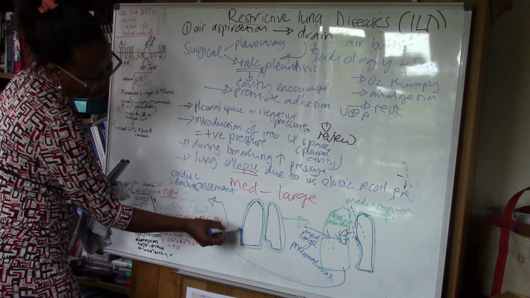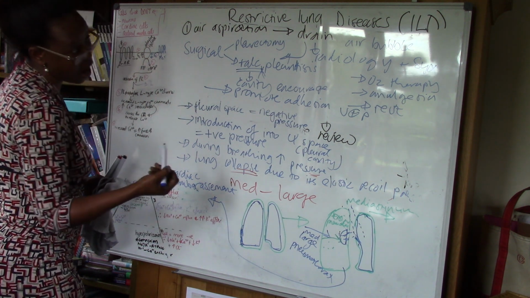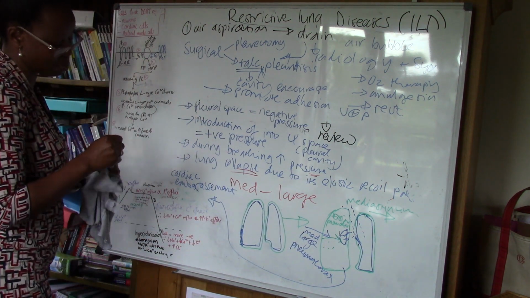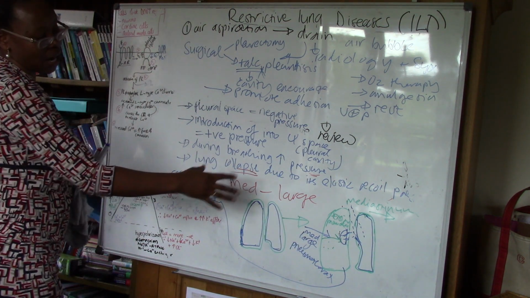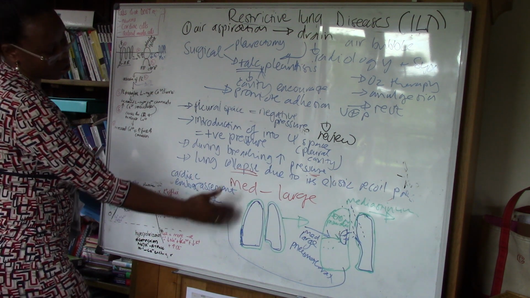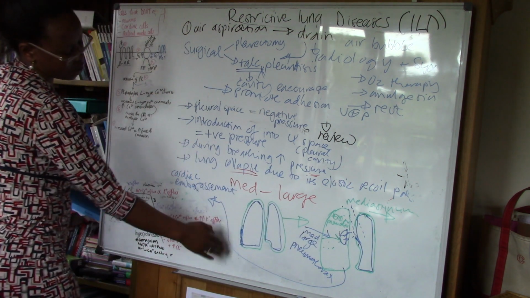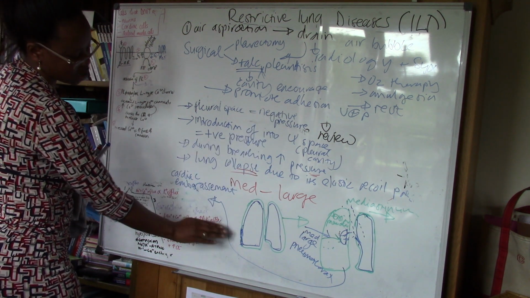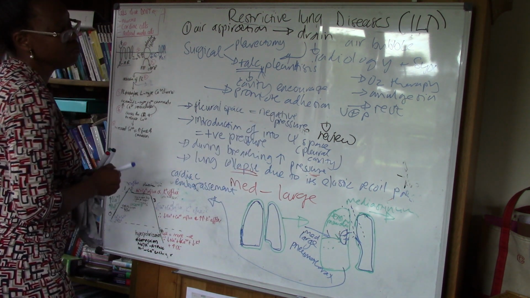But what that then does is prevent future collapsing of the affected lung, and air being introduced to that space, because the formation of adhesions obviously means that there is no longer a potential space.